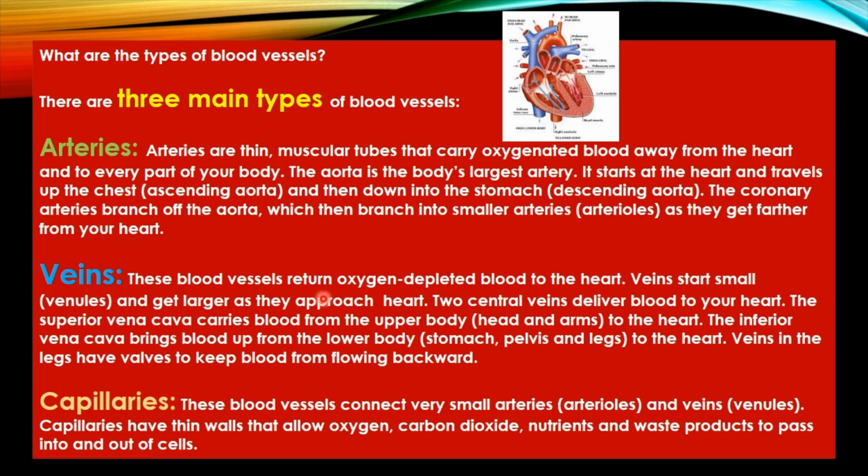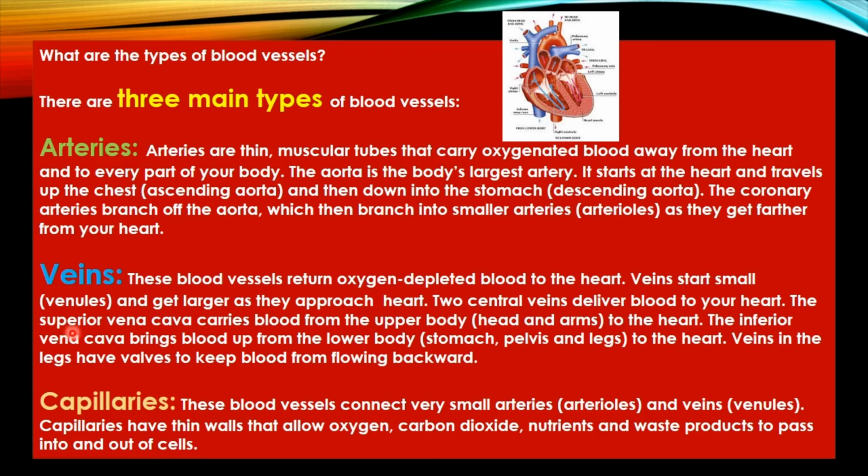Then veins. These blood vessels return oxygen-depleted, that is deoxygenated, blood to the heart. Very little oxygen will be there. Veins start small and get larger as they approach the heart. From the tip of the toe it is very small, but when it reaches the heart it becomes bigger.